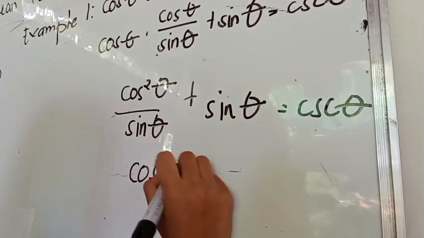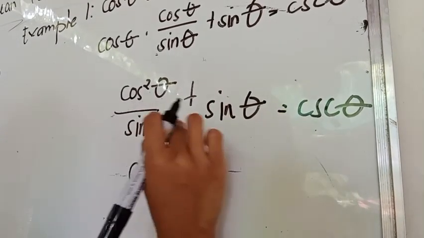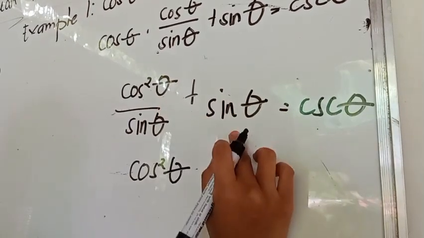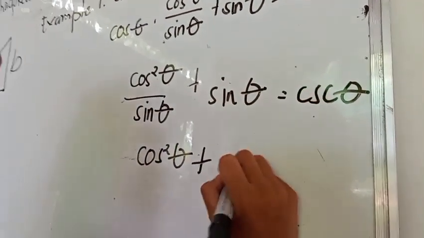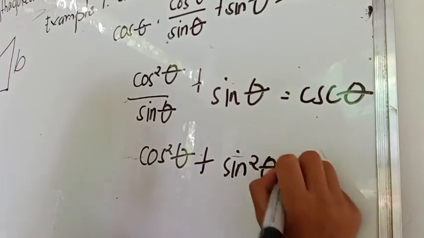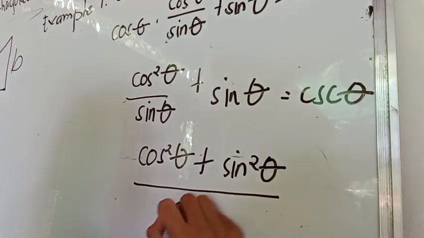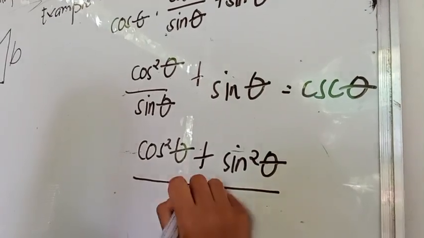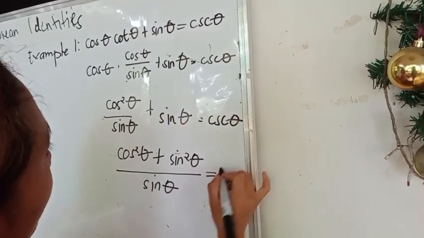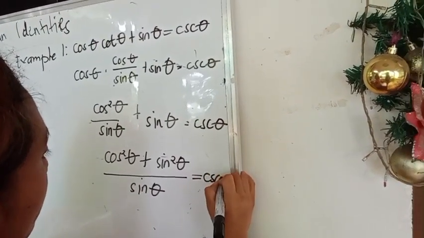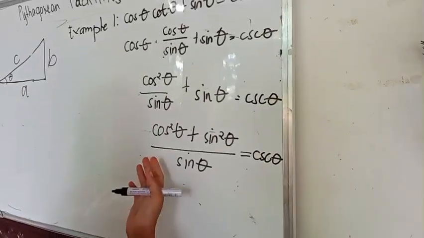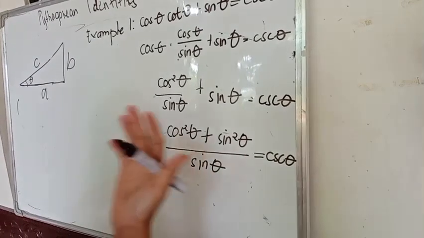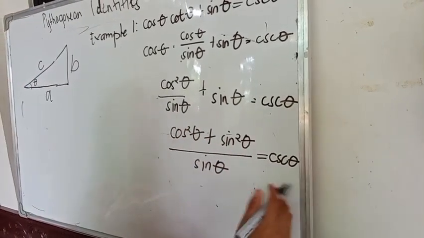Cosine squared theta plus sine squared theta, over sine theta. Then cos squared theta plus sine squared theta is equal to 1.